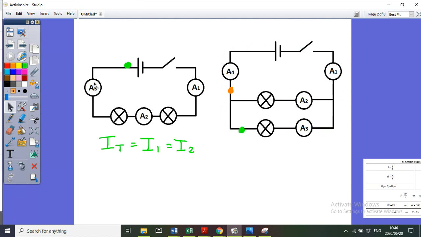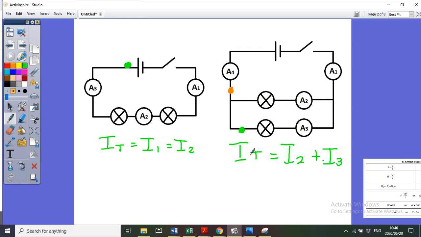So now if we look at the currents, the total current that left was the 2 coulombs. So my total current was split up between these two circuits. So my total current is then going to be equal to the current that goes through ammeter 2 plus the current that goes through ammeter 3.